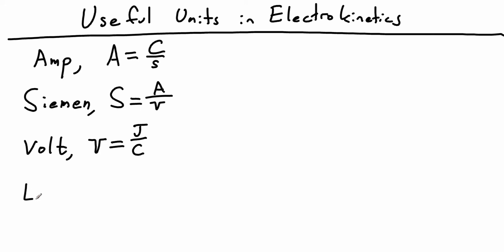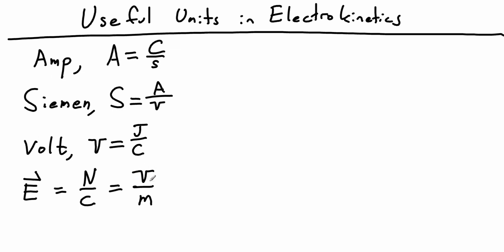And finally, electric field. And electric field actually has 2 different types of units. You could say that it's a Newton per coulomb. In other words, how much force it takes to push a coulomb of charge is giving you a measure of how strong the electric field is, or you could just as well say that it's a volt per meter.